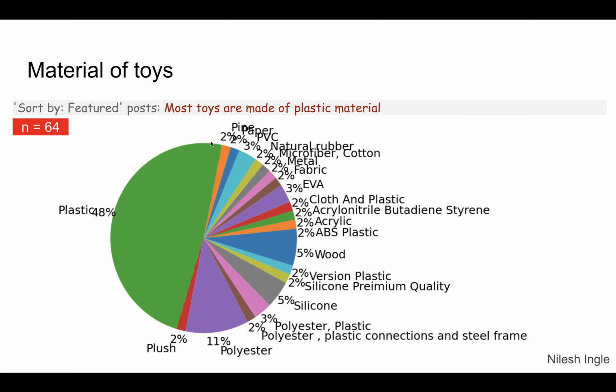So here we can see right out the gate, almost 50% of the toys are plastic. And then we have the remaining 50% that is shown here. So we have plush. Plush again could be plastic, a different type of plastic, polyester, and then we have ABS plastic, acrylic.